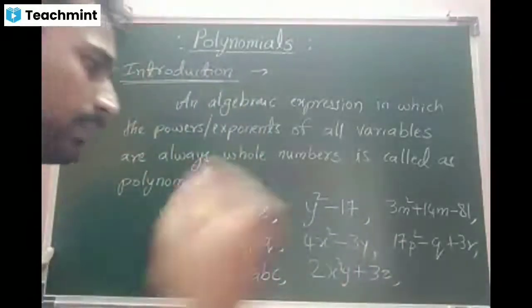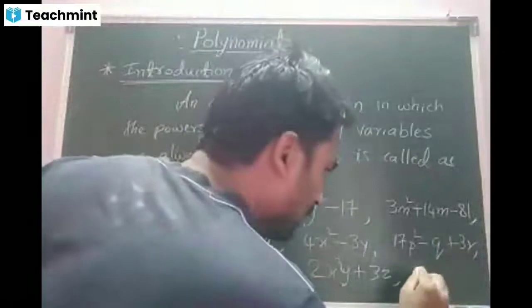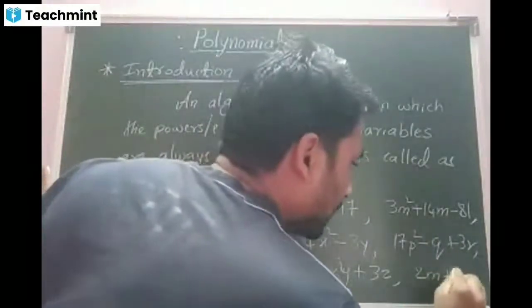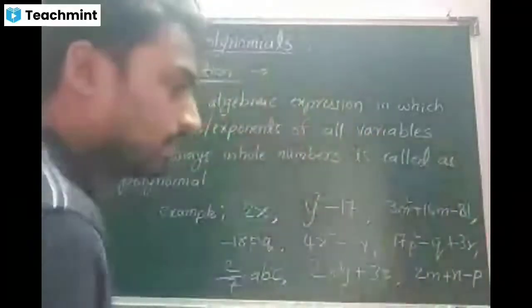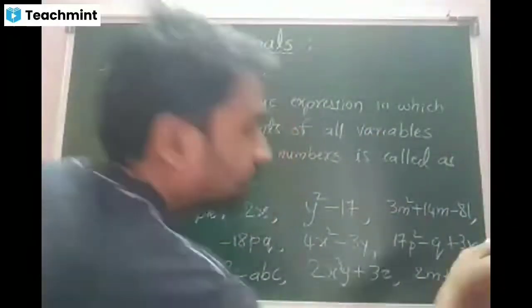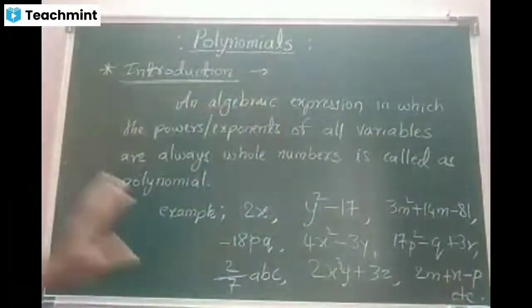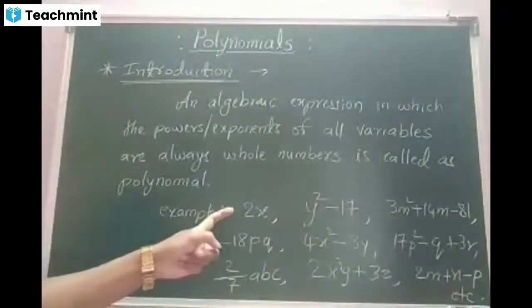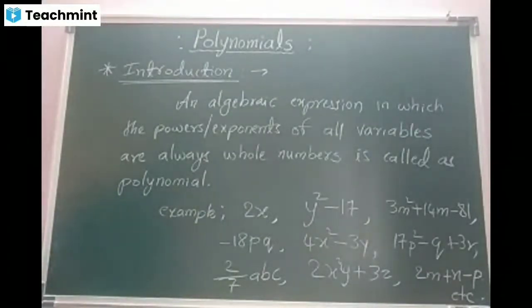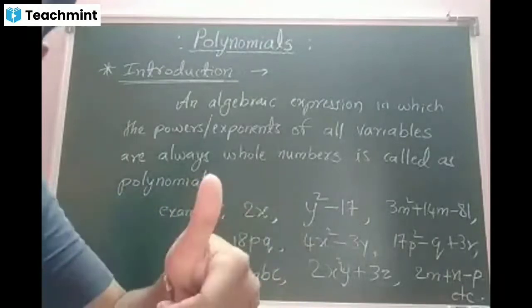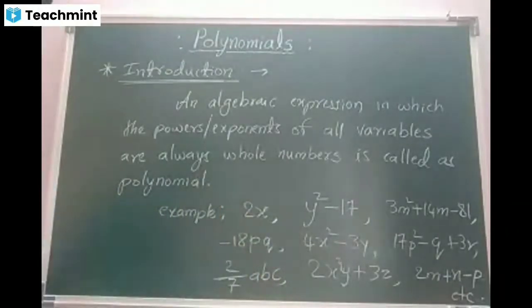Let me write a very simple 2m plus n minus p, etc. Beta, copy all the three sets: set number 1, set number 2, set number 3. Quick, beta. Written?